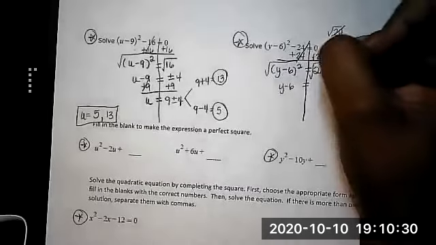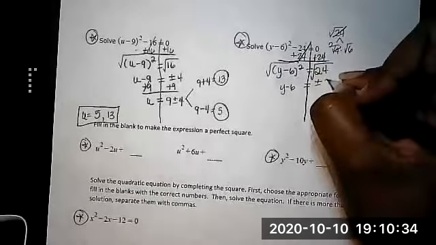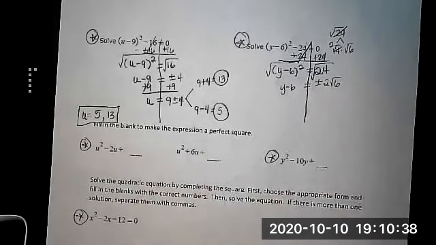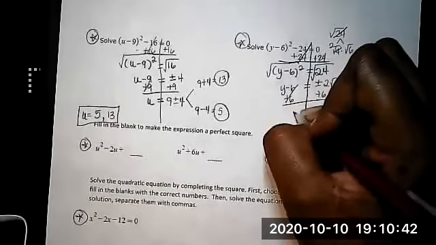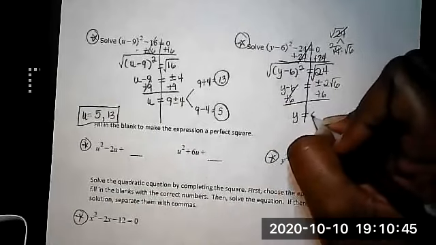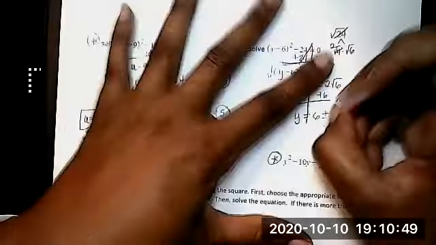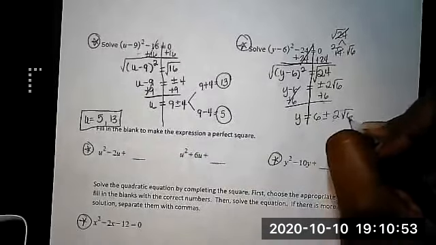Square root of 6 can't simplify, but this becomes 2. So this is going to be plus or minus 2 square root of 6. Okay? And then I'm going to add 6 to both sides. So this becomes y equals 6 plus or minus 2 square root of 6.